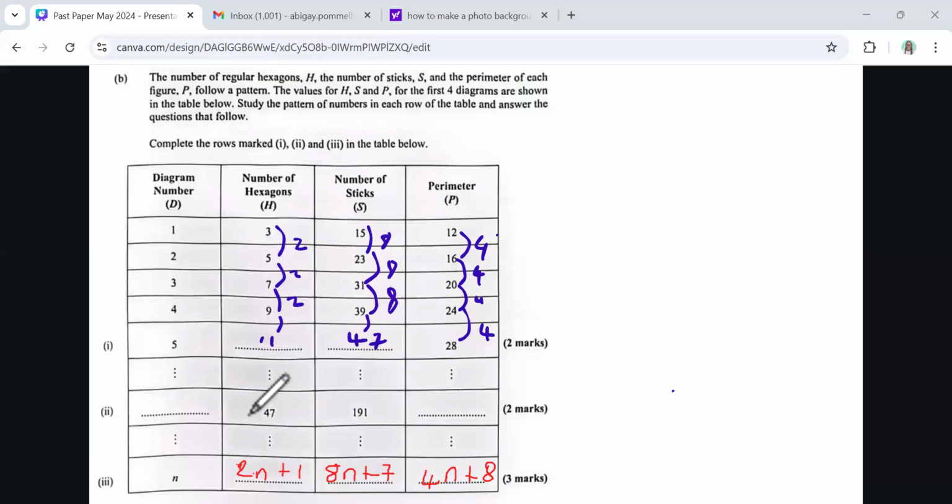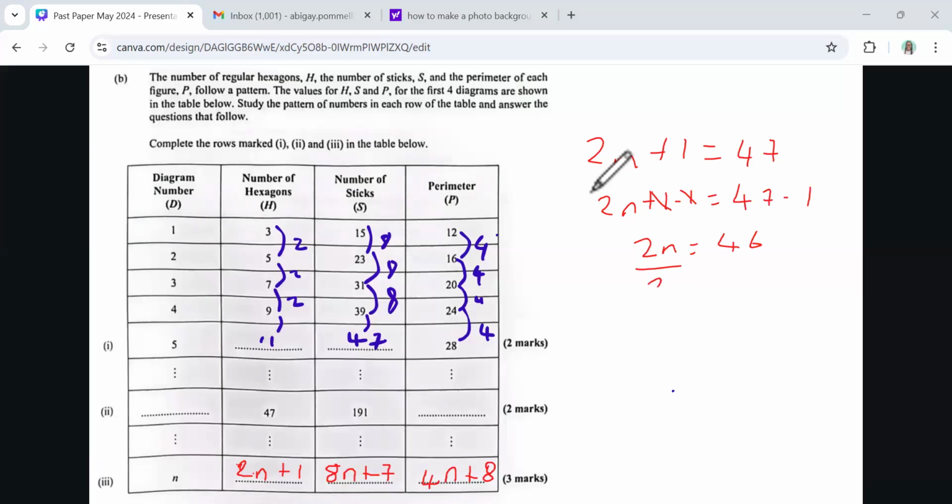So all I can do is, since I know what is here, I can say 2N plus 1 equals 47. And I'm going to make N the subject. So 2N plus 1 minus 1, subtract 1, cancels out, leaving 2N equals 46.